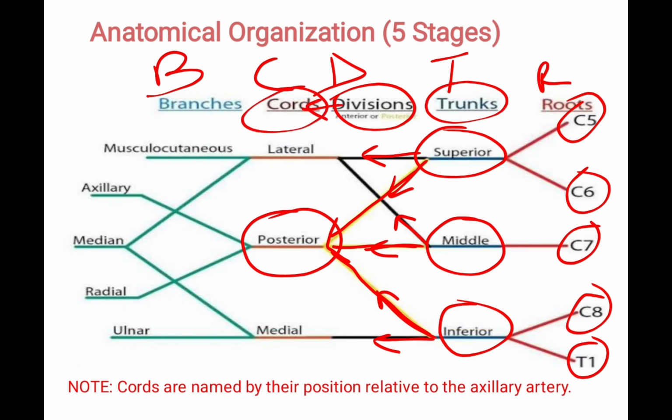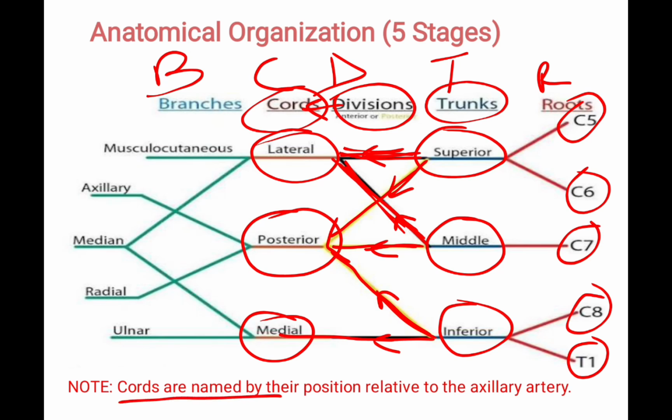The anterior division of the superior trunk and the anterior division of the middle trunk together form the lateral cord, while the anterior division of the inferior trunk continues alone to form the medial cord. Remember, we have the lateral, posterior, and medial cords, and these cords are named by their position relative to the axillary artery, which means the lateral cord is lateral to the axillary artery, the medial cord is medial to it, and the posterior cord is posterior to it.